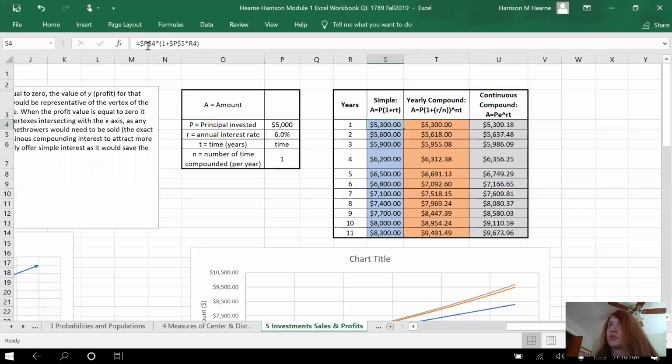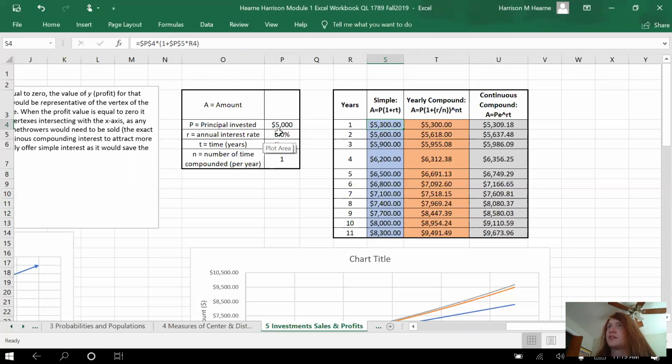You can see here in our formula that we are taking this cell here, which is the principal. We put the dollar signs around it to lock it in, because our principal is always going to be the same, because that's how much money we put in regardless. Then in our parentheses here, we said 1 plus the annual percentage rate.